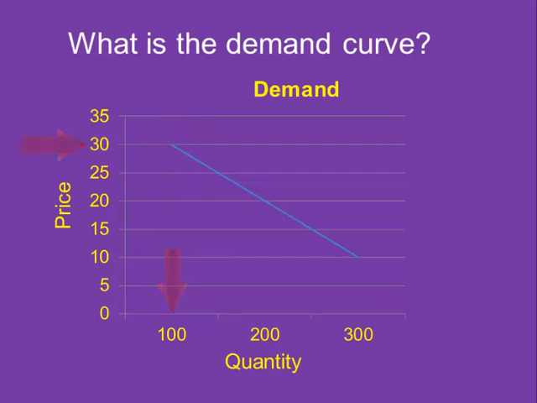Let's say you priced your product at 20. Well, all of a sudden now your demand or quantity goes up to 200. And if you priced it at the bargain basement price of $10, well, now all of a sudden your quantity has gone up to 300. So that's a little bit about the demand curve.